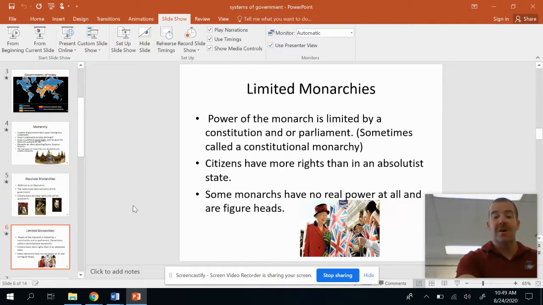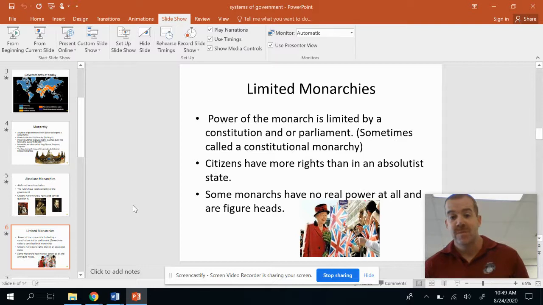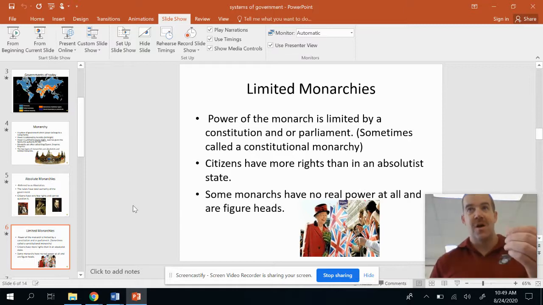Now, limited monarchy. When we think of England today, you have a queen in England, you have Prince William, Prince Harry, and then their father is Prince Charles. But in England, it's a limited monarchy, like a constitutional monarchy.